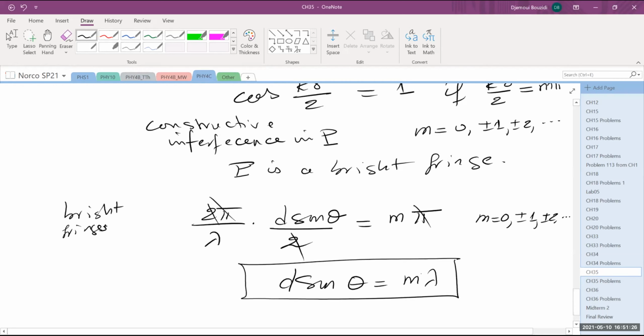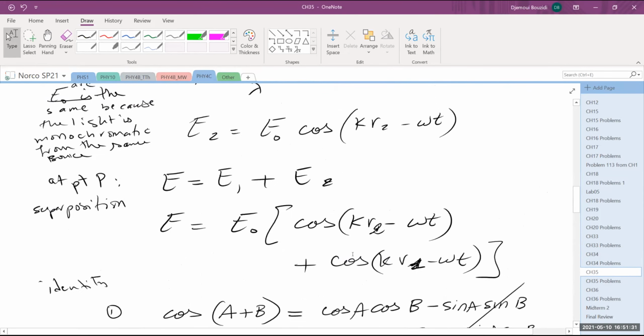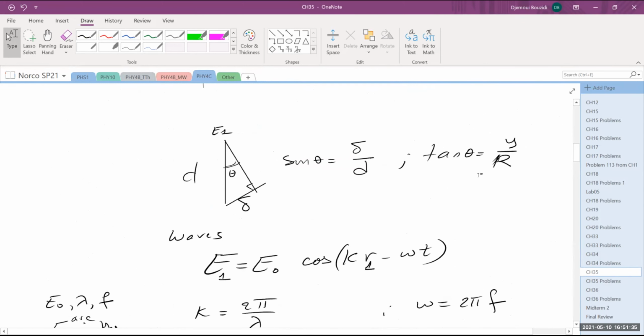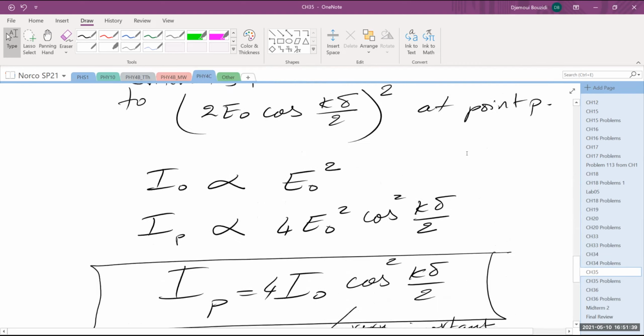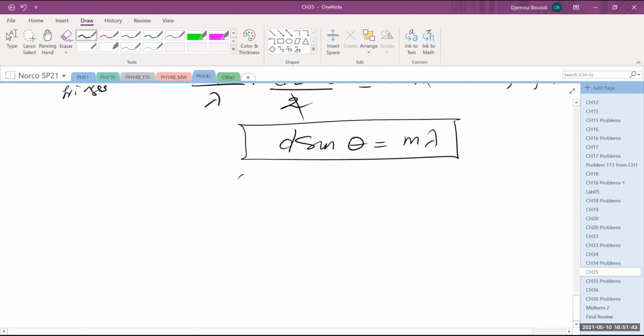If you want to find them on the screen, use the second relationship: tangent theta is y over r, so you can find y as r tangent theta. So the y of the fringes in this case is simply equal to r times tangent of theta. This is where they are on the screen, the location on the screen.